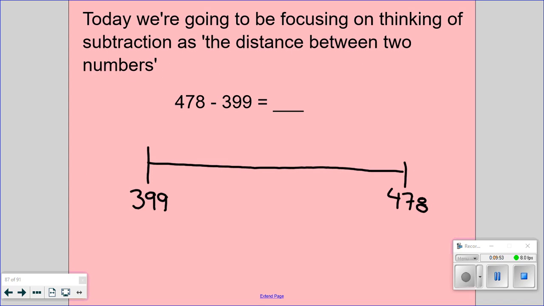So what am I going to jump instead? Rylan says a 1. Why do you think Rylan says a 1? Rylan said, I want to jump 1. Why do you think he says that?